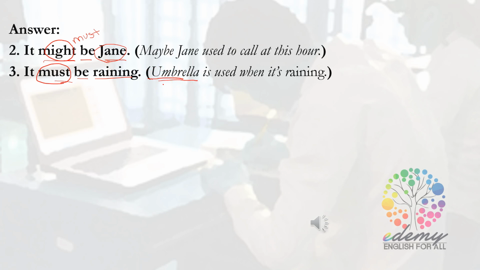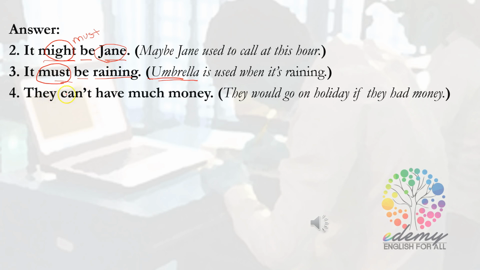Move on to the fourth statement. "Harry and Sally never go on a holiday." We have "can't" and "much money" in the bracket. So the answer is "they can't have much money". The keyword is that you have already read the statement: they say they never go on a holiday.